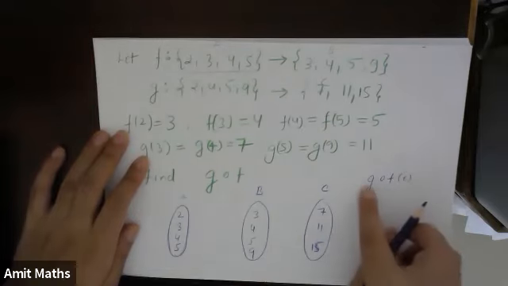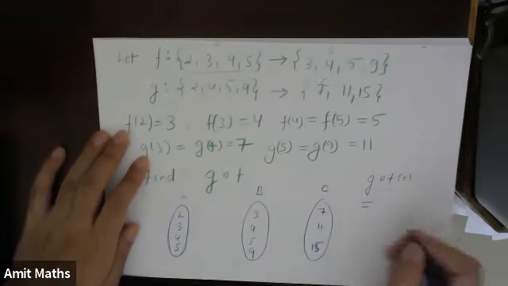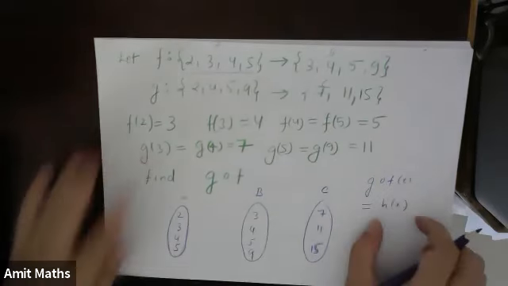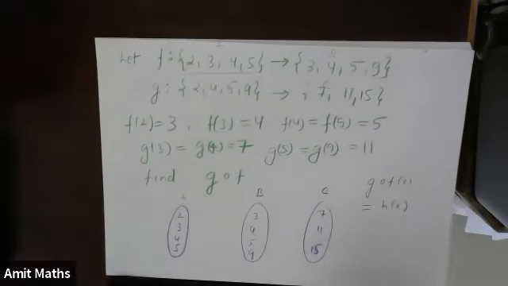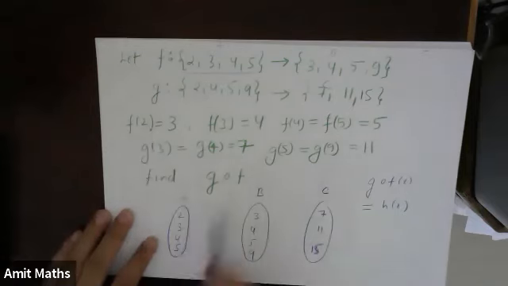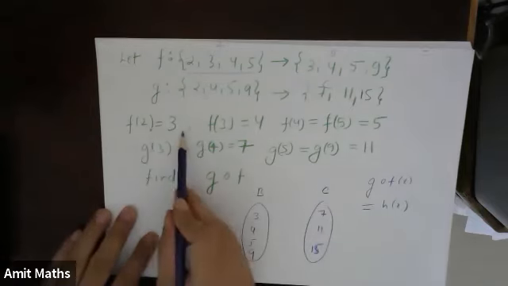Okay, so I can write g of f as, suppose, h of x. I'm representing g of f of x as h of x, a common name I'm giving to it. Okay, so let's see. When I'm giving input 2, it is giving an output 3 for f.